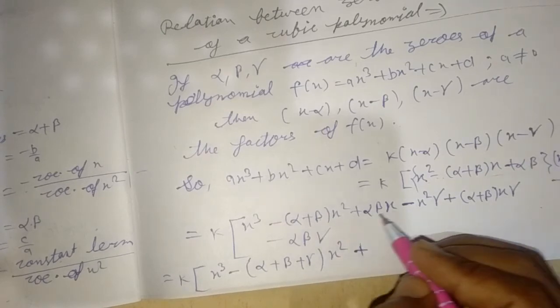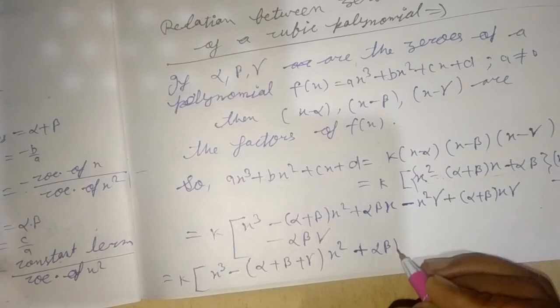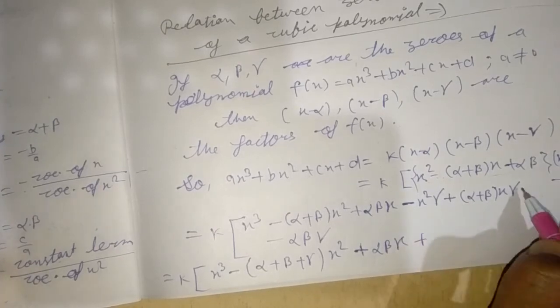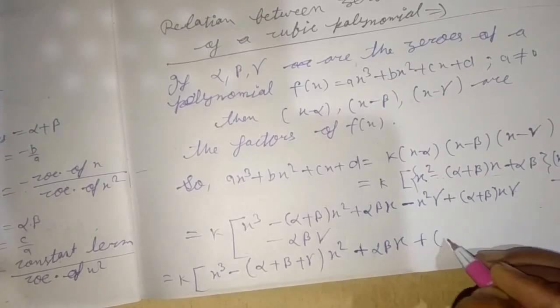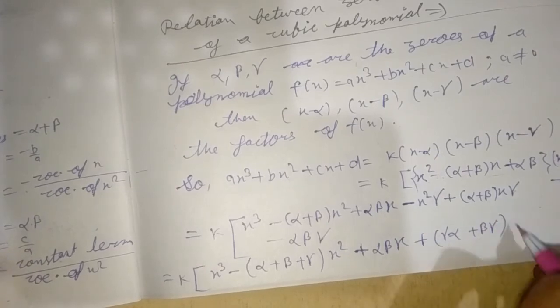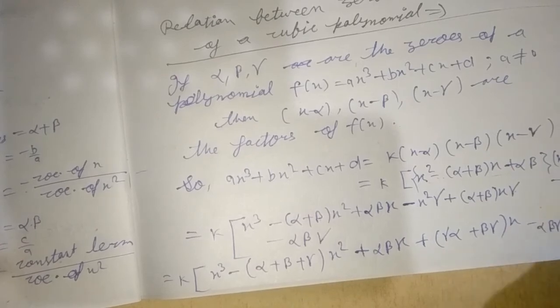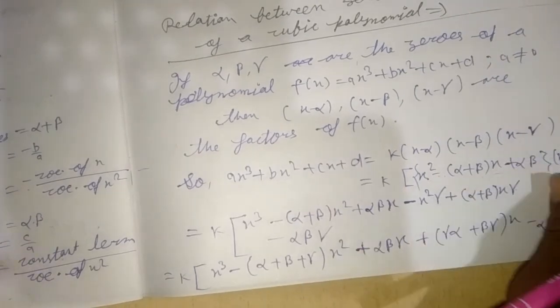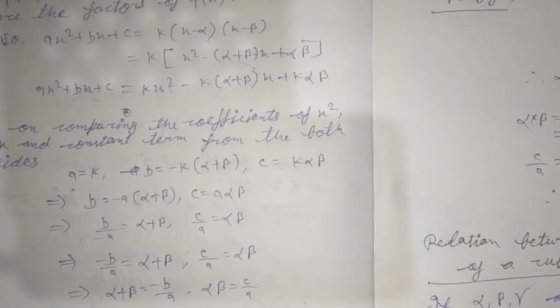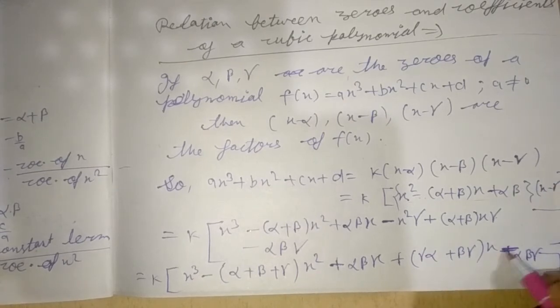Also plus alpha beta x and gamma alpha plus beta gamma times x, minus alpha beta gamma.